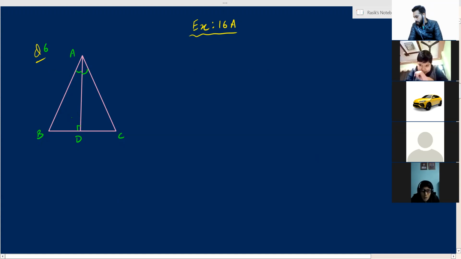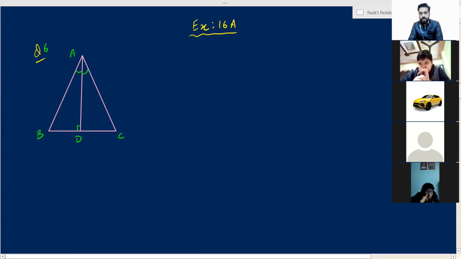Show that triangle ABC is isosceles. We have to show that triangle ABC is isosceles.